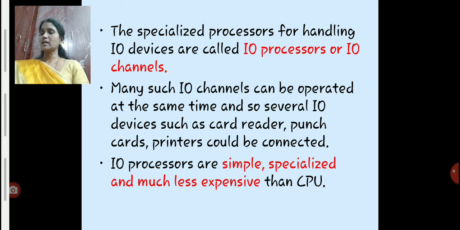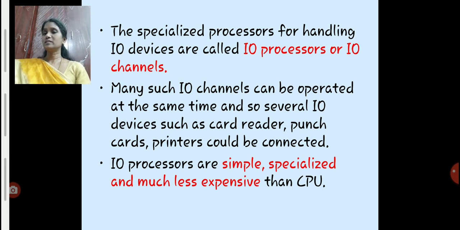Each and every IO channel will handle a single IO device. For example, if there is one card reader, there will be one IO channel for handling this card reader. So however many IO devices we have, that many IO channels we should have.